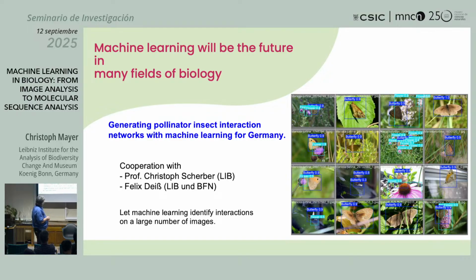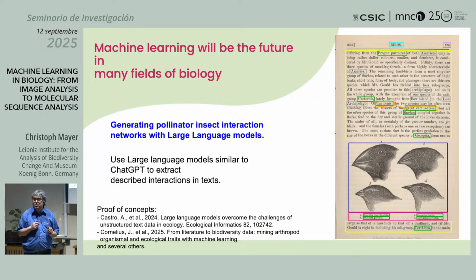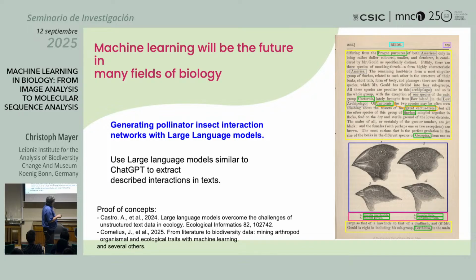Another possibility is to use large language models, for example, ChatGPT, to extract this information from the literature. For example, this is a page from Darwin's main work, and you see here he says, of these, the two species may have often been seen on other species of climbing about the flowers.